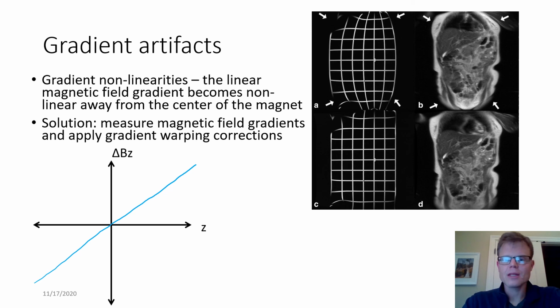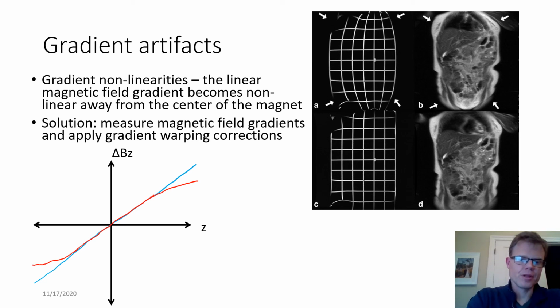But in reality, at some point, the gradient coils end, and the gradient coils no longer become linear. So usually they're linear over some nice range in the middle here, but then this linearity flattens out at the edges here.